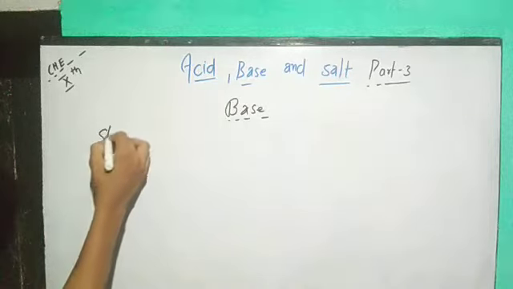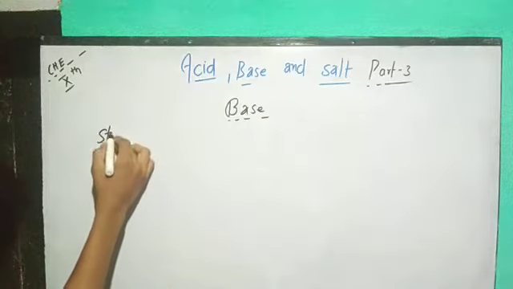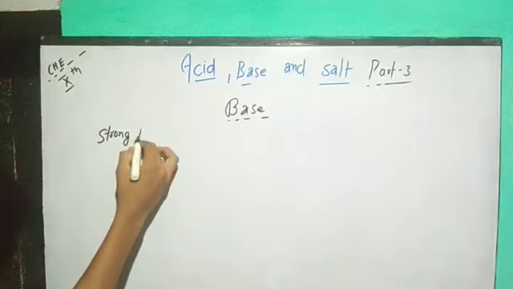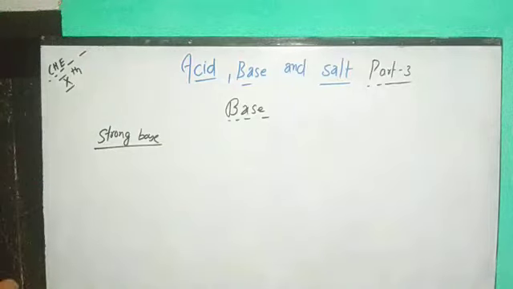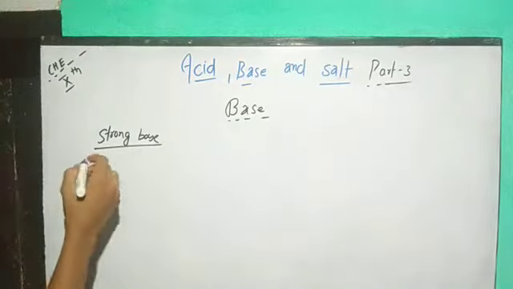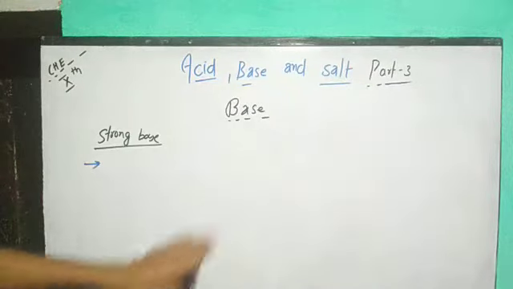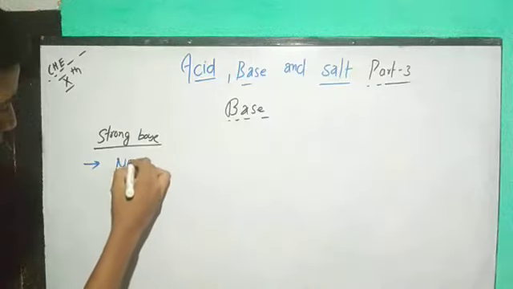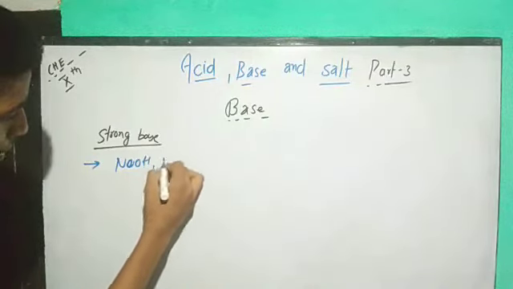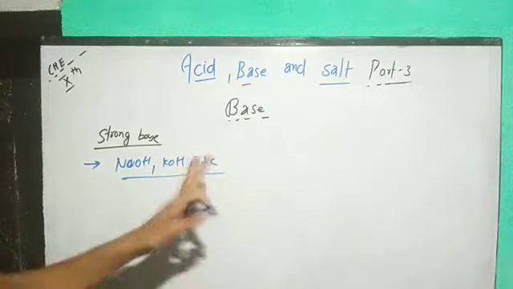First we are going to see about strong base. A base which is totally dissolved or totally ionized in water is known as a strong base. Means that the bases which are alkalis are termed as strong bases. Therefore, examples NaOH, KOH, etc. are strong bases.